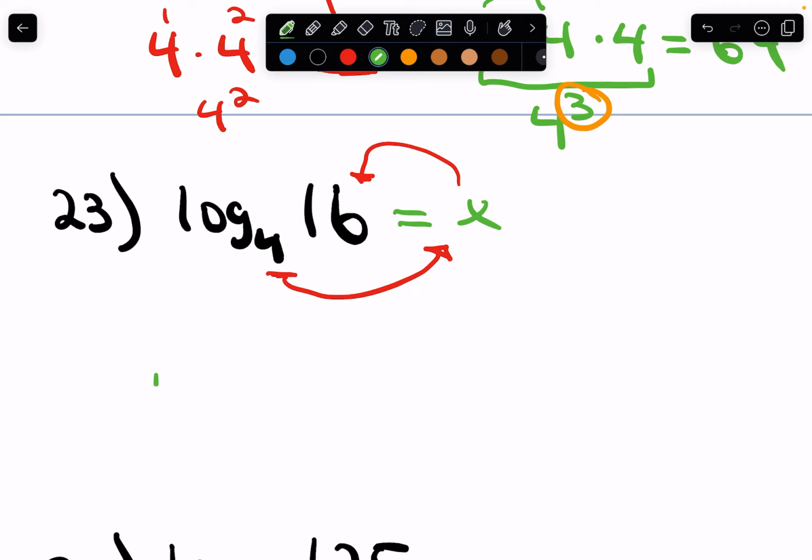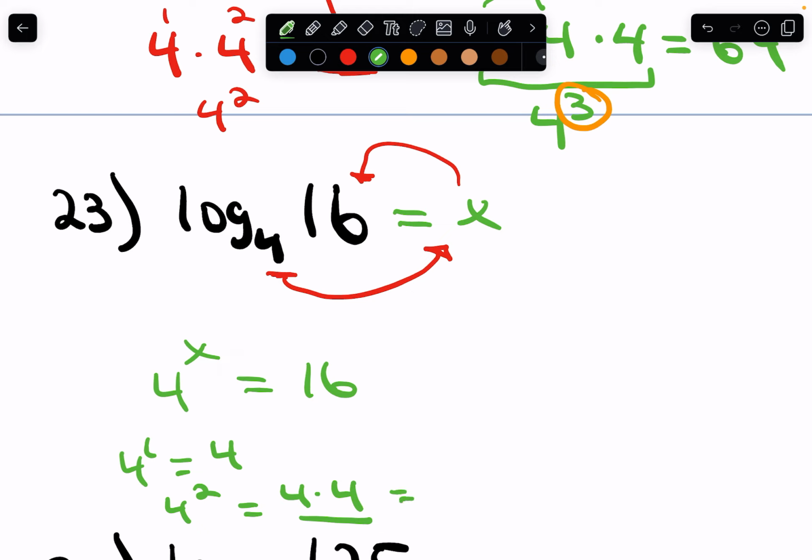Go down here, 4 to the x power is going to give us 16. And as we know, 4 to the first, that doesn't equal 16, that's just 4. 4 to the second, that would equal 4 times 4, and 4 times 4 equals 16. So our answer here would be 2.